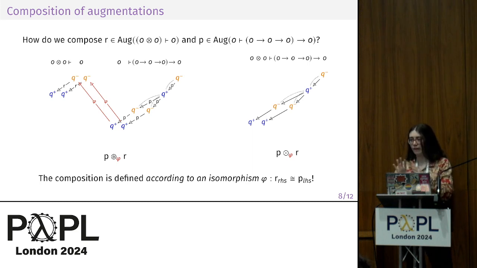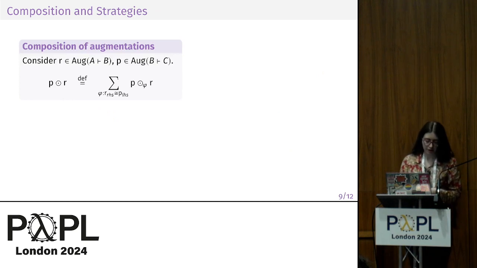It's not defined in general, which means that if we want to compose augmentations, then we need to define them as a sum and not just a single augmentation. So it is a sum over all possible isomorphisms on the shared part of the arena of the composition.